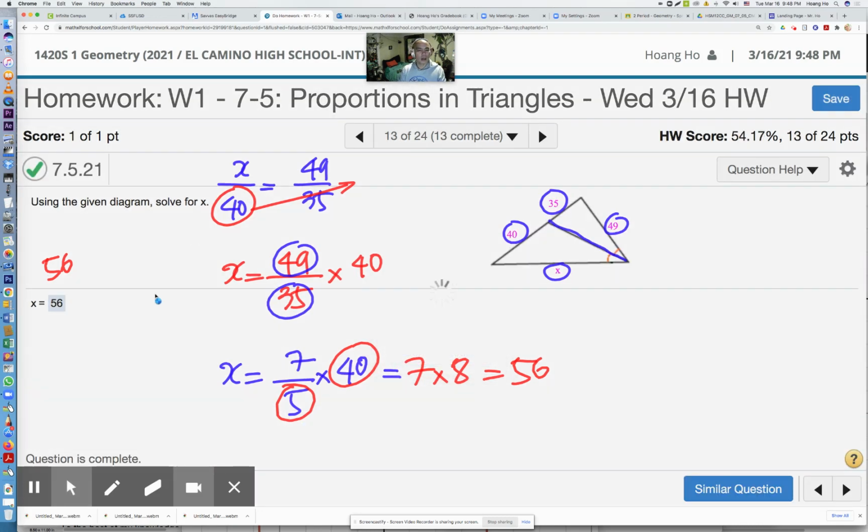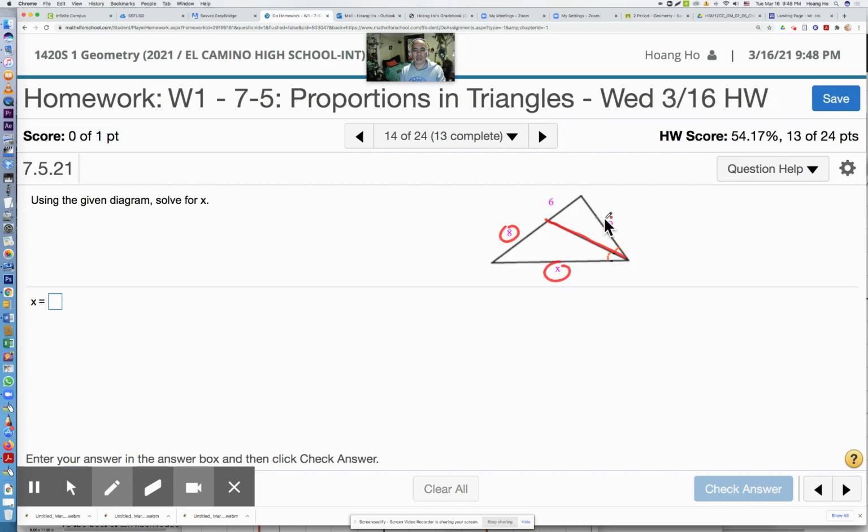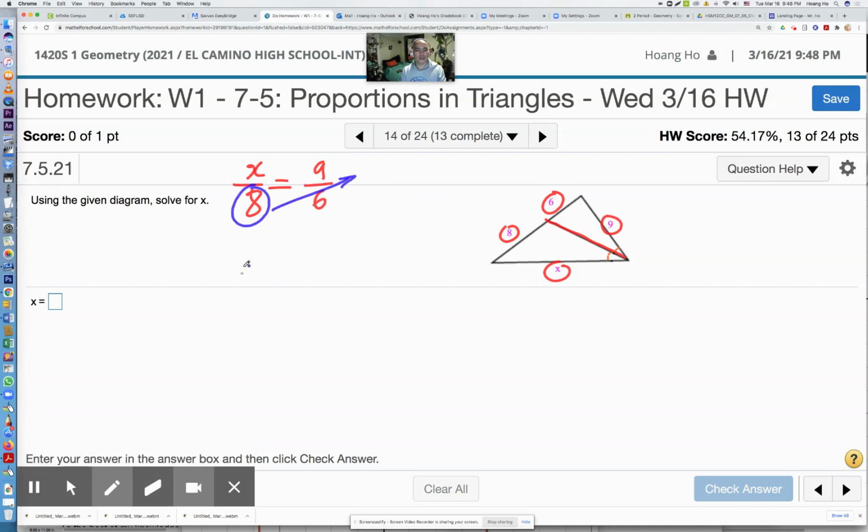Number 14. Oh, same thing again. All right, you got angle bisector. So I set it up x over a equal 9 over 6. So cross multiply number 8 to the other side.